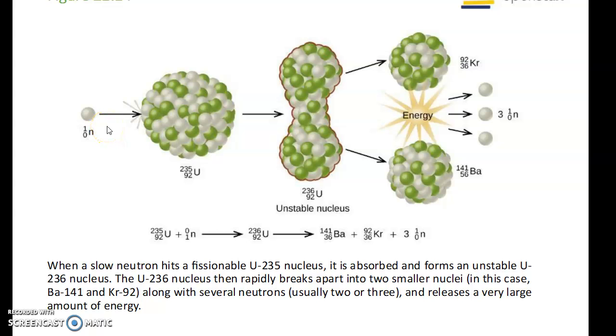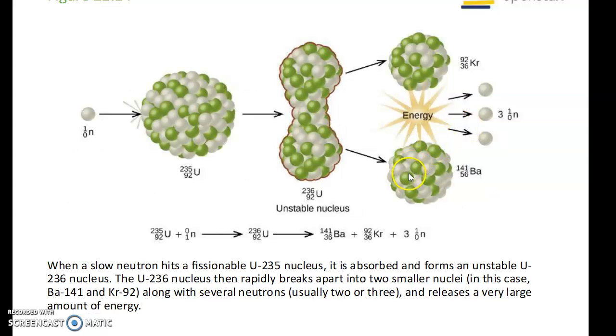Okay, so with this, first of all, what happens in a fission reaction is that you have a high energy neutron that impacts with the U-235, a radioactive uranium atom, and it forms an unstable nucleus, which then erupts and forms both a krypton and a barium plus 3 neutrons.